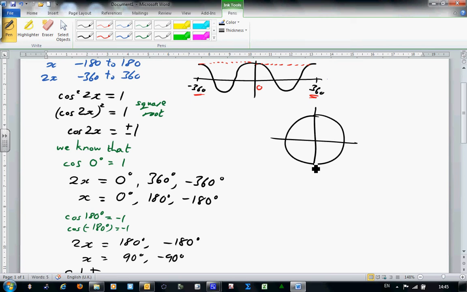Clearly, if we go around 1 revolution, we get 360 degrees. But we can also go in a negative direction and have negative 360 degrees. So those 3 values all give us a cosine of 1. Okay, and the other one, for negative 1, we're looking at this value here.